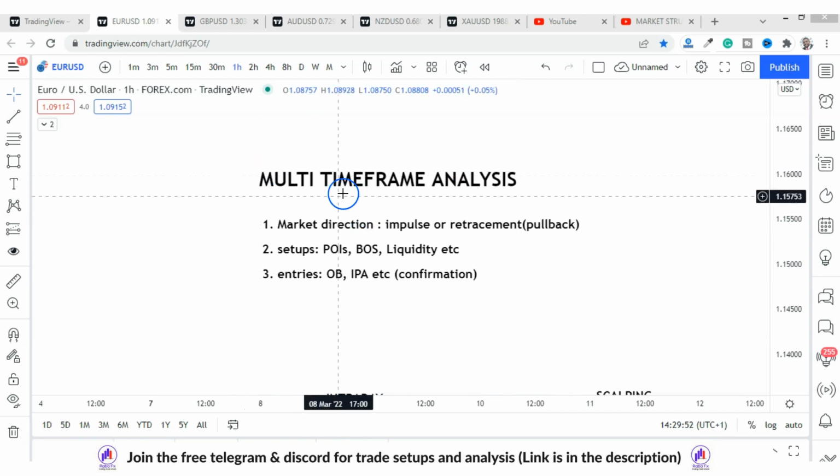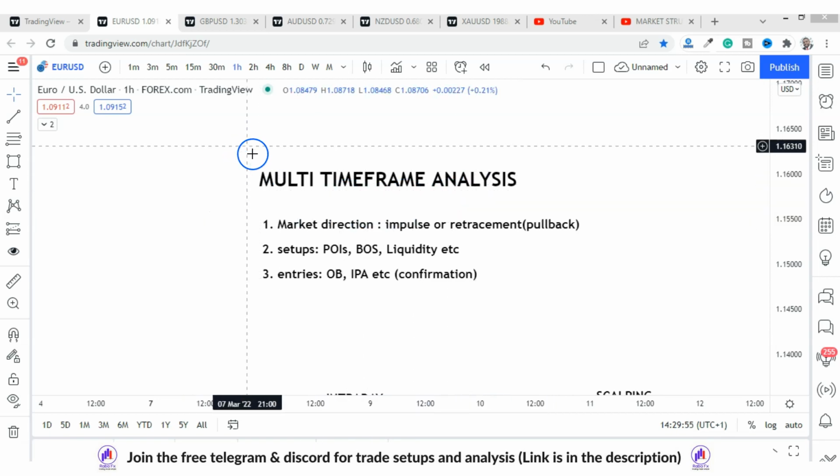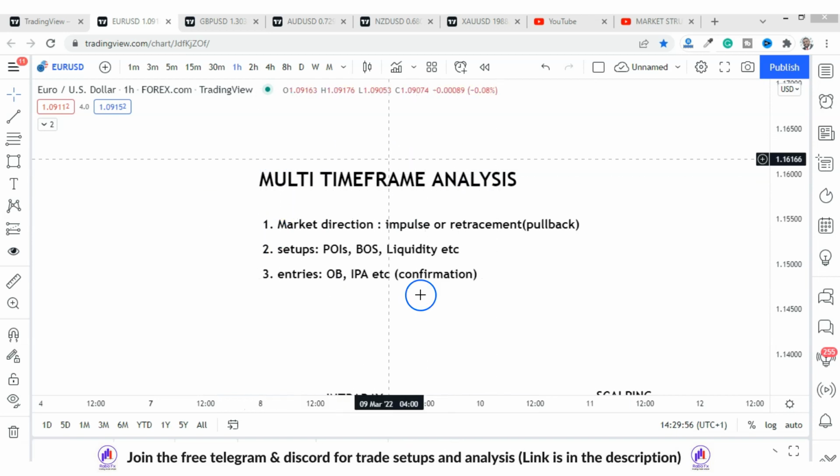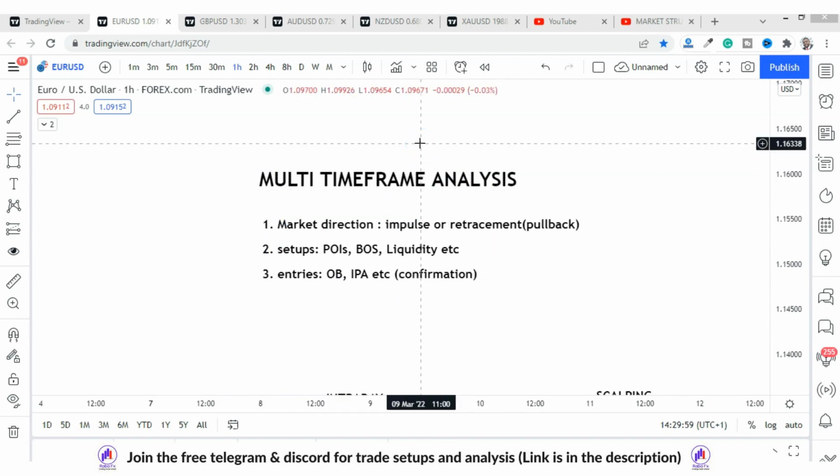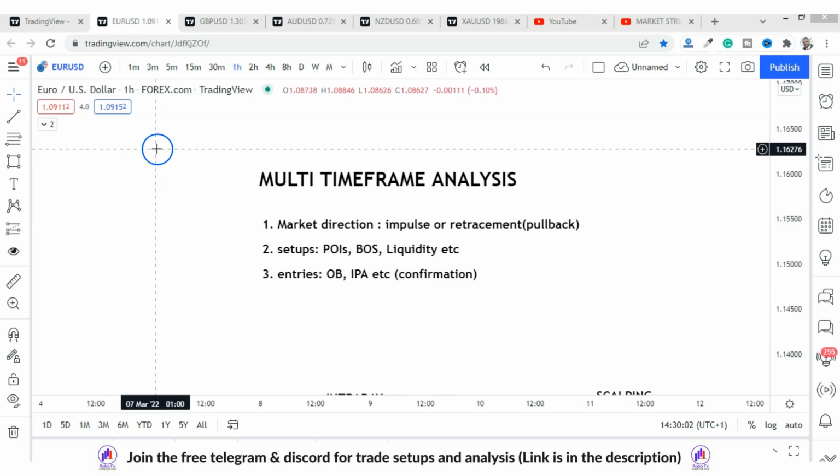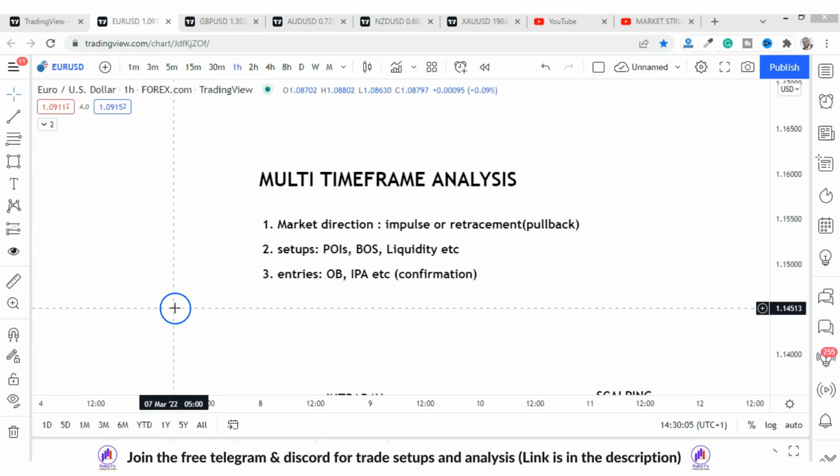So a multi-time frame analysis is simply the analysis of a currency chart or a financial asset from the monthly down to the lower time frame, even to the minute and even seconds based time frame.